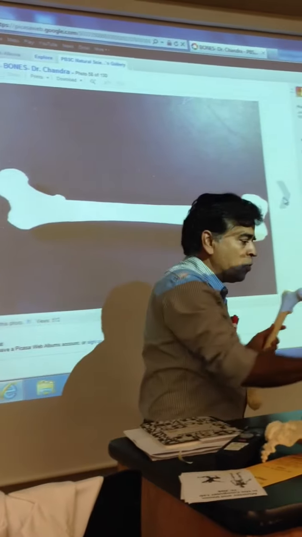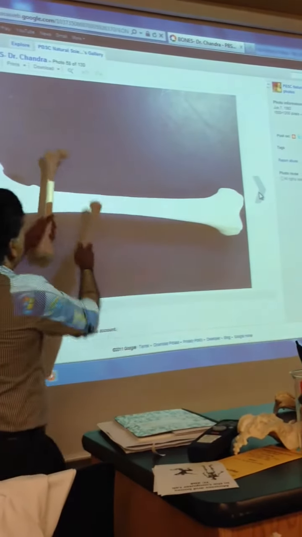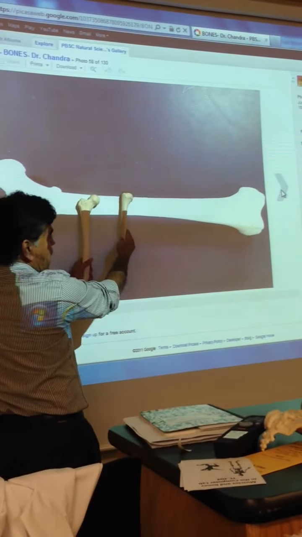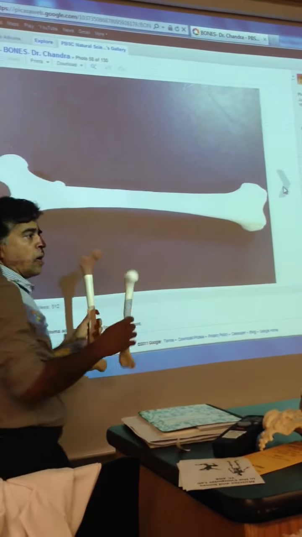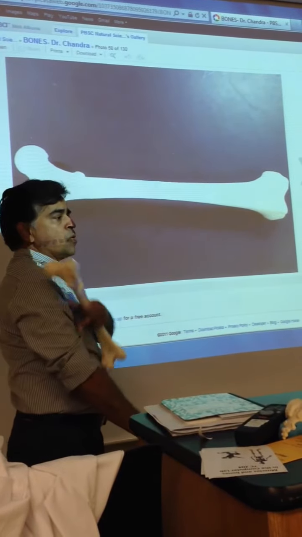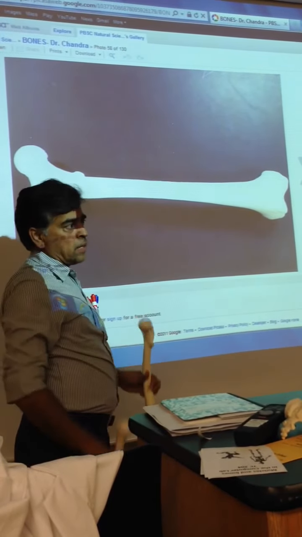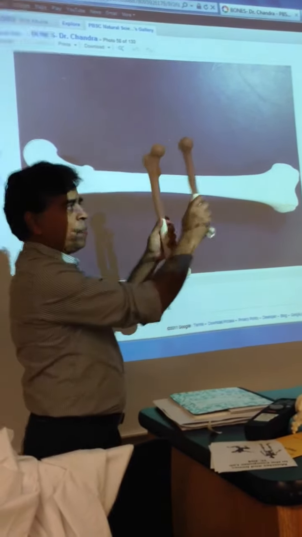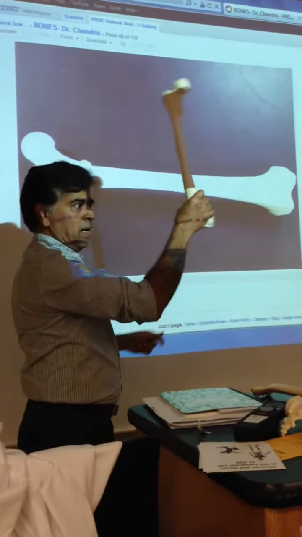So if I have a humerus, let's put them together. Can you see the difference in size? This is shorter, this is longer. Most of us, the bones in the arm are shorter than the bones in the leg. So don't mix them up.